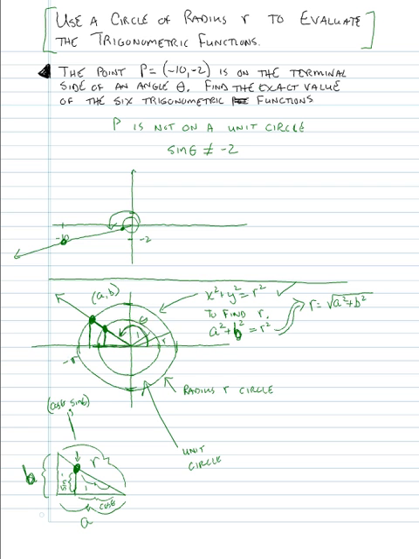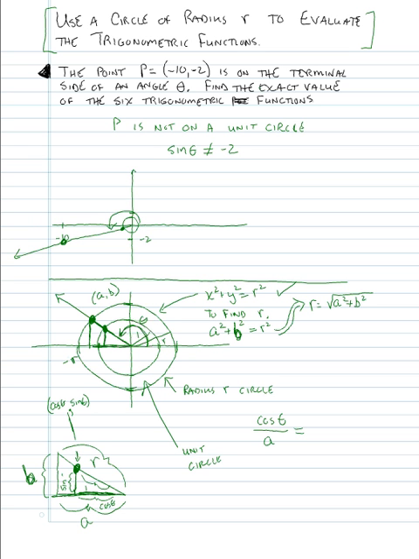In similar triangles, the ratio of the sides is equal. So let's compare the side here, the cosine of theta, divided by, it's the same as this side here, which is a. That's the same relationship if we look at the two hypotenuses.